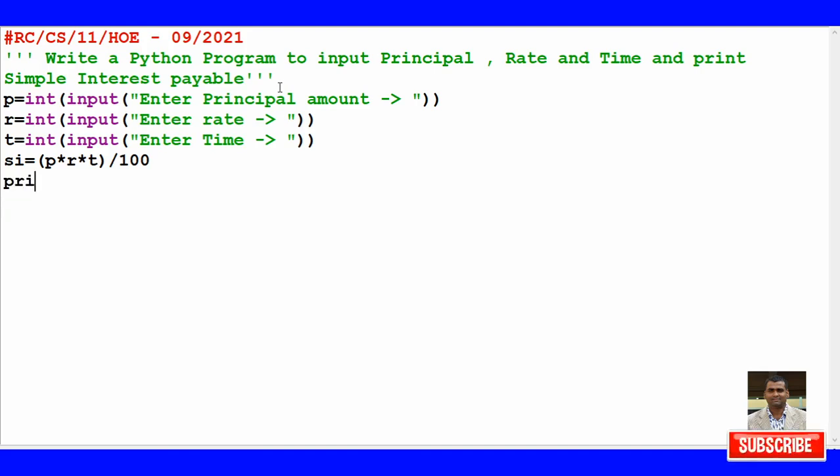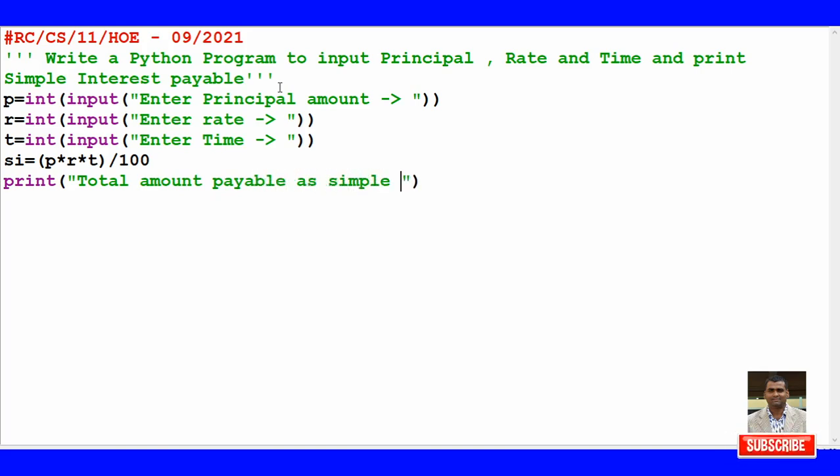So I'm going to write print: total amount payable as simple interest is, and it is coming from SI. And one more print: total amount payable.